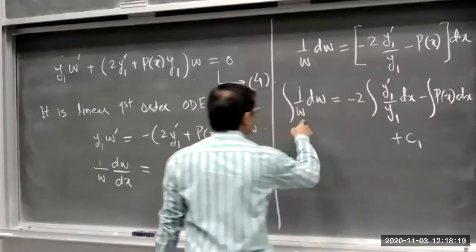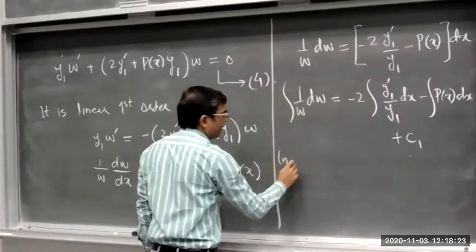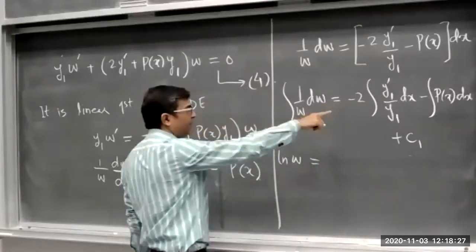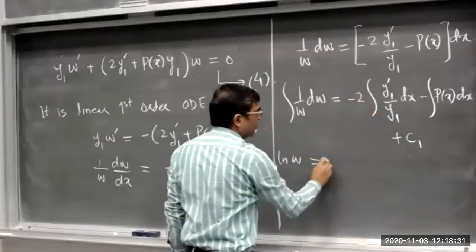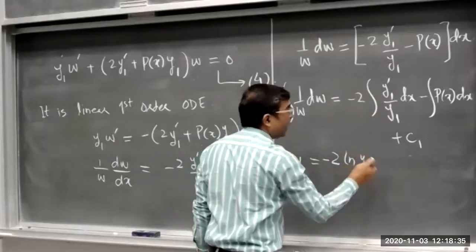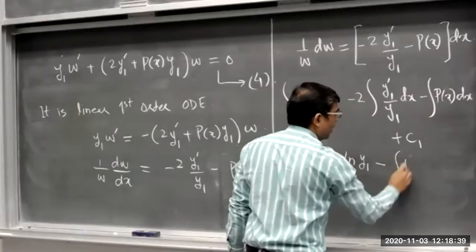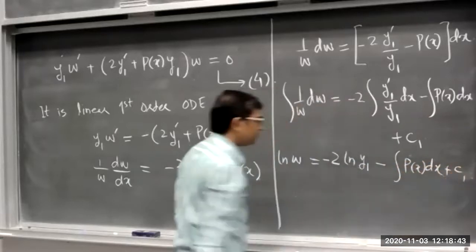Now, what would be the integration of this thing? It is natural log of w is equal to, here the derivative of y1 is on top, so its integration is negative 2 log of y1 minus integral of p of x dx plus c1.